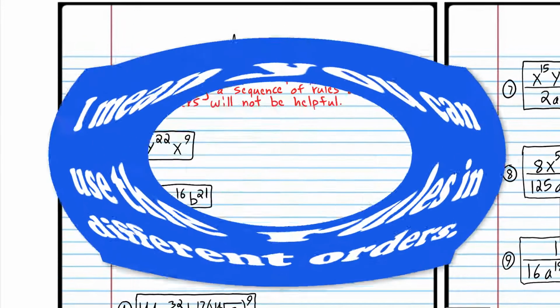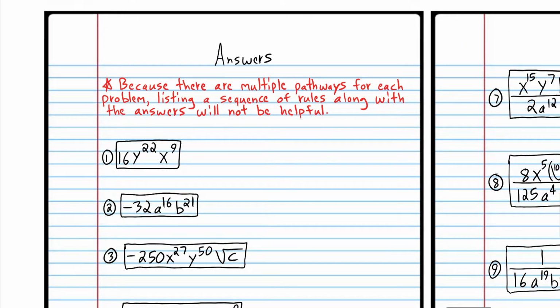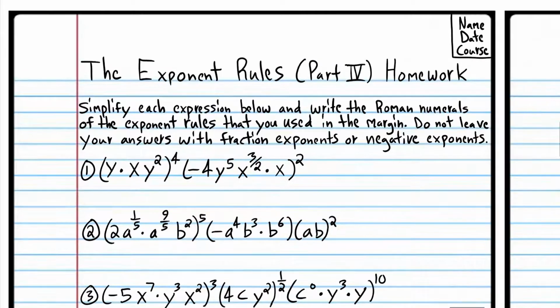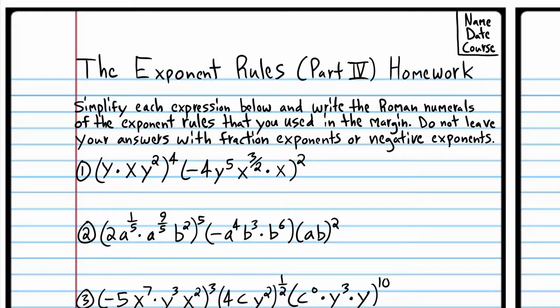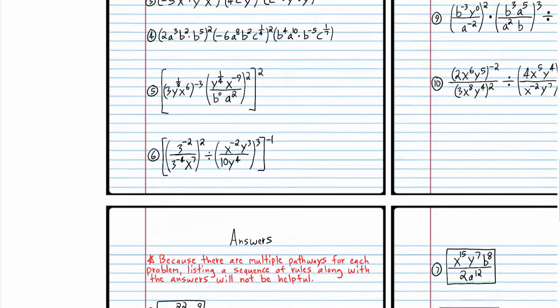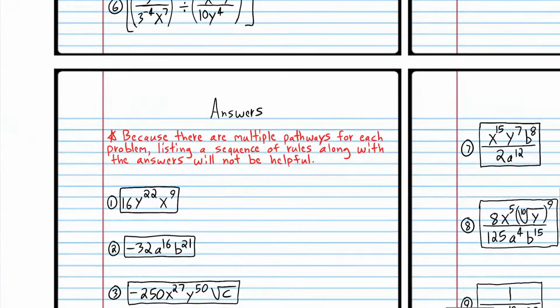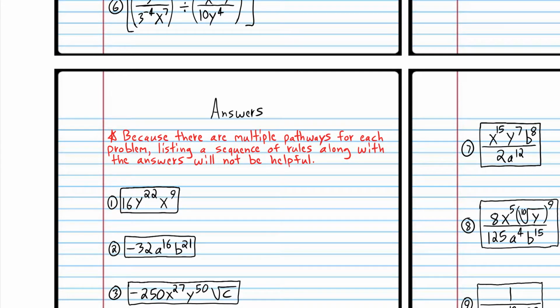And to be honest with you, in this particular homework assignment, I don't really care if you show the rules for each step. Even though I told you to show the rule numbers, the Roman numeral of the rules, the exponent rules for each step in the directions here, I don't really care if you do that for this particular homework assignment, because it's just going to be too tedious to have to write those rules for each step. You're going to be doing plenty of work just to show the step itself, but you do have to show the work. I'm not saying skip steps. You do have to show the work.